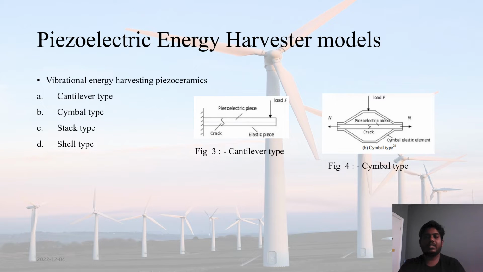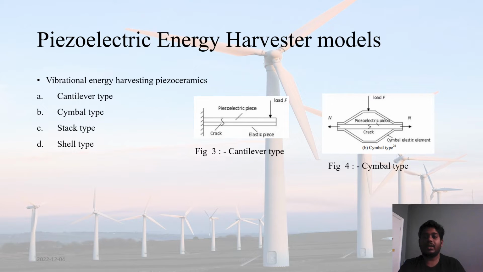The piezoelectric energy harvester model, based on vibrational energy harvesting piezoceramics, can be classified into four types: the cantilever type, symbol type, stack type, and the shell type. Here, the cantilever type and symbol type are the most commonly used types of energy harvesting piezoceramics.